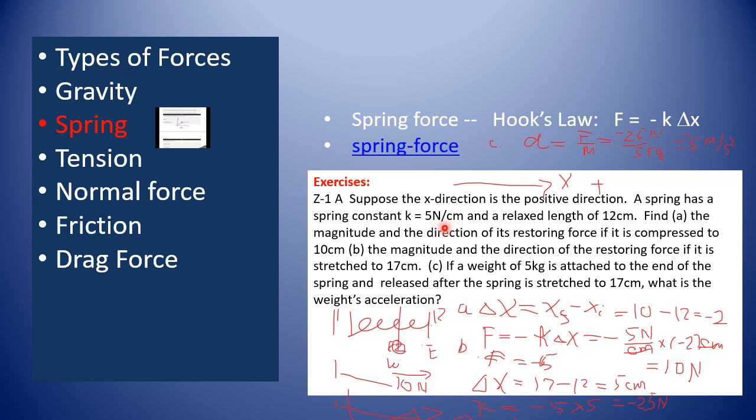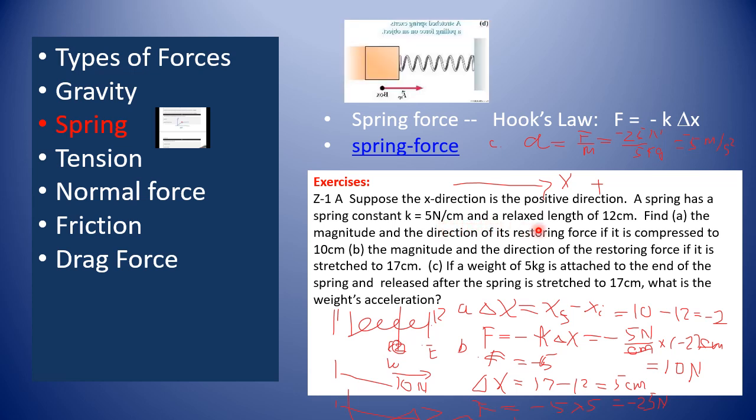If you compress 1 centimeter, it will push outward with 5 newtons, and the relaxed length of the spring is 12 centimeters. Now find A, the magnitude and the direction of its restoring force if it is compressed to 10 centimeters.